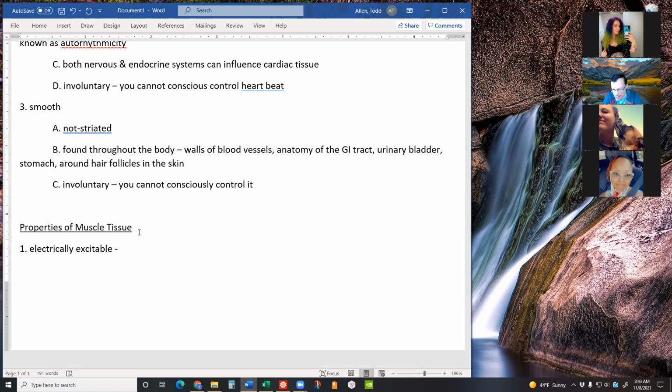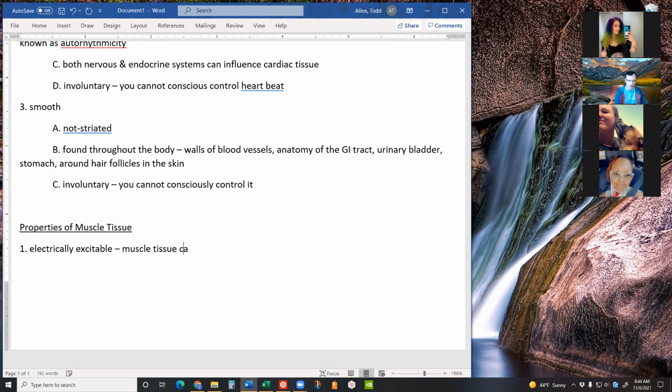But suffice it to say that both neurons of the nervous system and certain specialized muscle cells in the heart have the ability to generate what's known as action potentials. Action potentials are special electrical signals that can be created and propagated along the plasma membrane of certain types of cells. These signals can be propagated along neurons and muscle cells. So that's a property of muscle tissue.